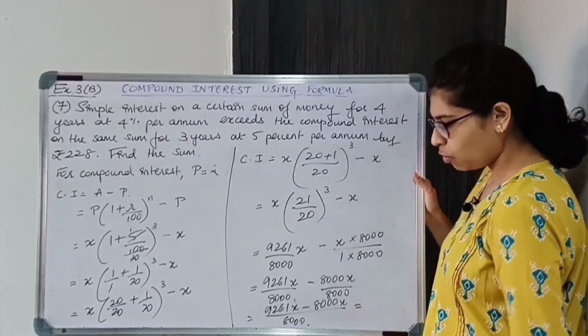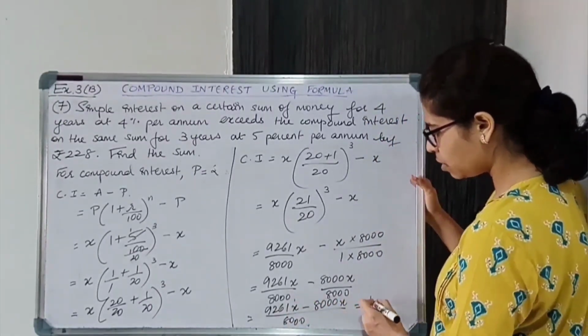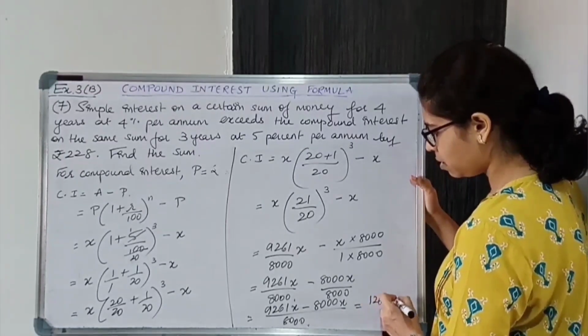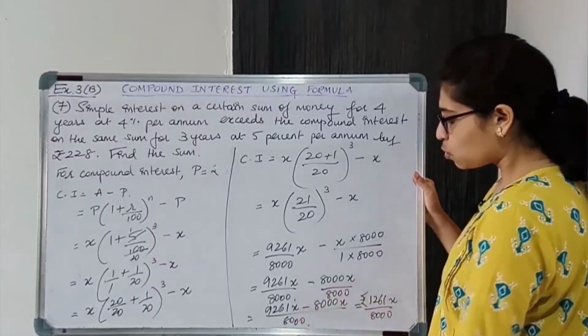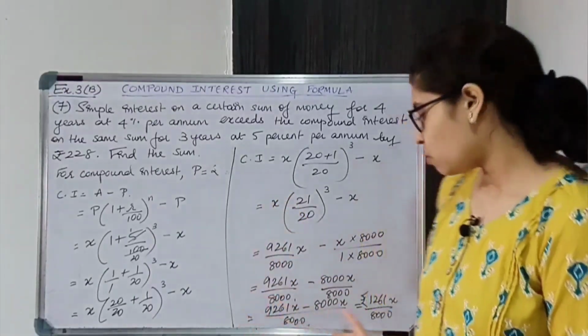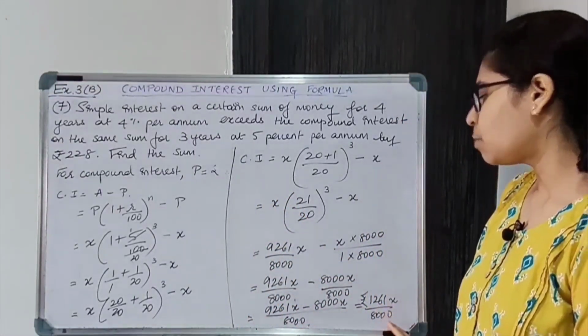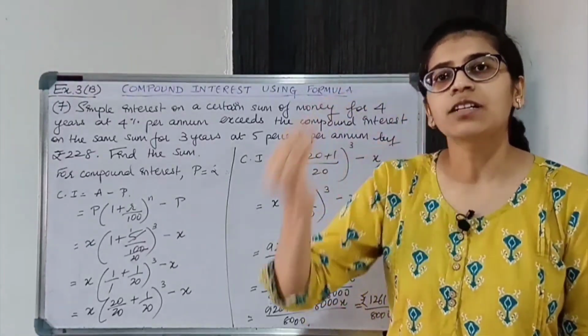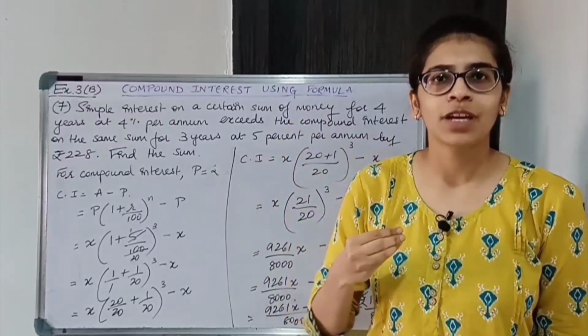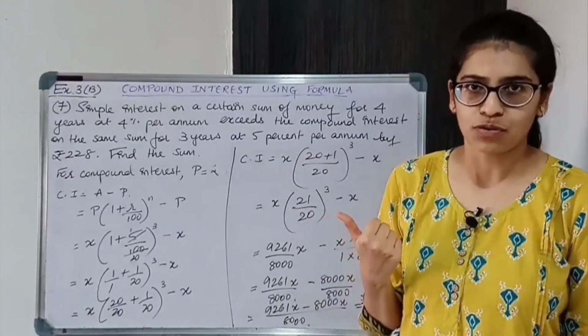Okay, so 9261 minus 8000 gives 1261x upon 8000. So this is the compound interest. Okay, we are getting 1261x upon 8000 rupees. Now we got simple interest and compound interest both in terms of x. Now we'll use the condition.